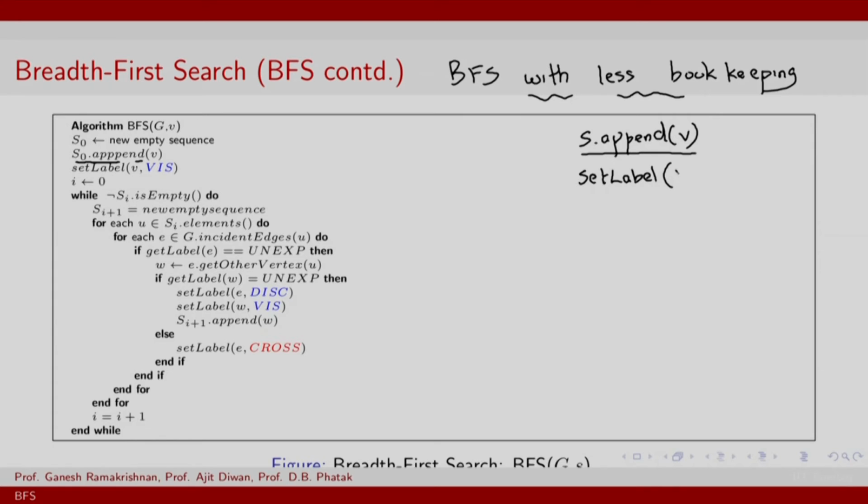So the label of V will be basically visited, because we know that we visited it, but we are going to distinguish between visited nodes and expanded nodes. So yes, indeed we have visited it, I will mark it so, but I will introduce one more color to denote nodes that are already expanded. V has not yet been expanded, it has been added to the queue.